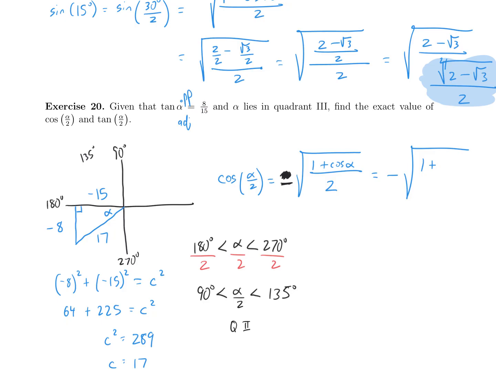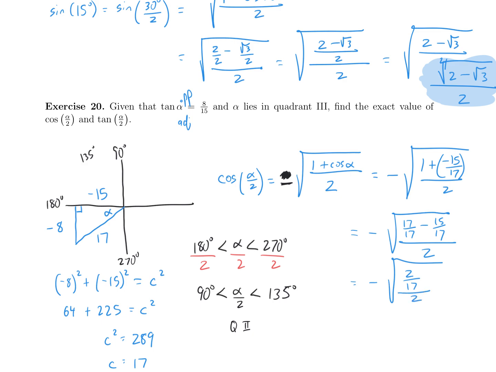Okay, so that's going to be negative 15 over 17, all over 2. We can change 1 to be 17 over 17. And that becomes 2/17 over 2. All right. And in this situation, you get the 2's to cancel out.